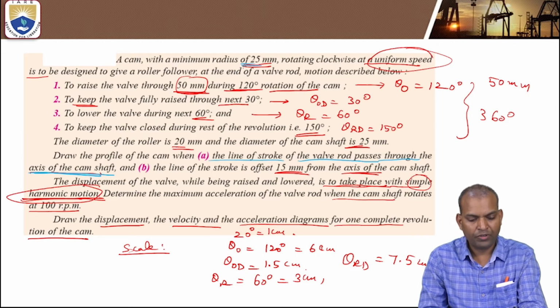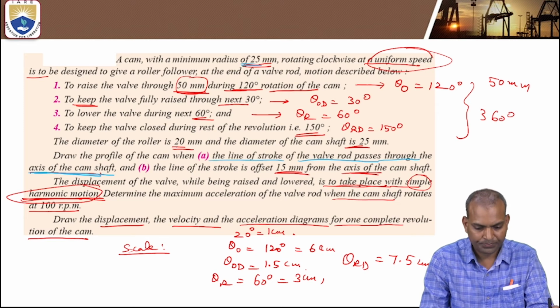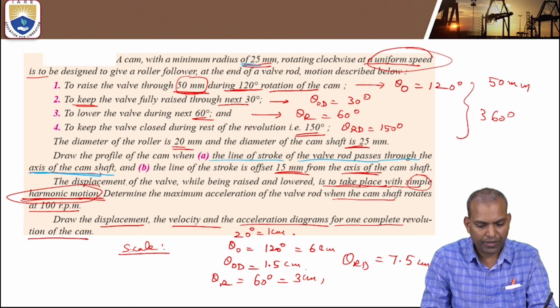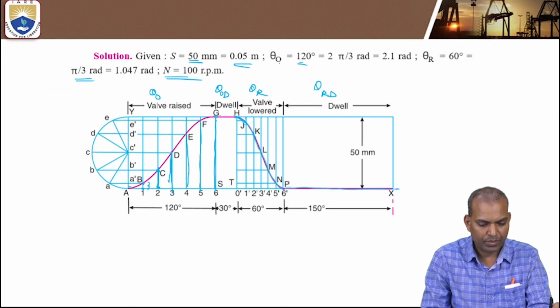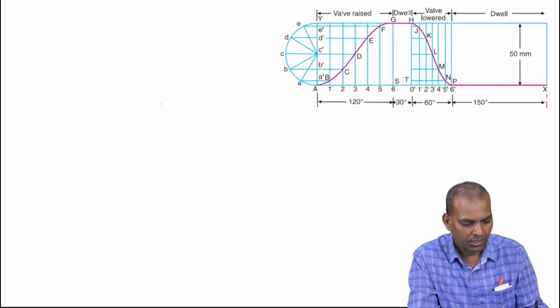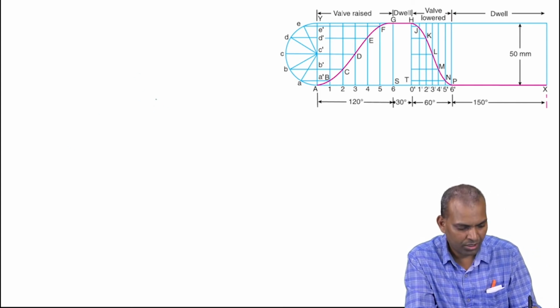Now here, a cam with a minimum radius of 25 millimeters, and the roller diameter is 20 millimeters. So how to draw? Let us begin. Start: draw a 25 millimeters radius base circle.